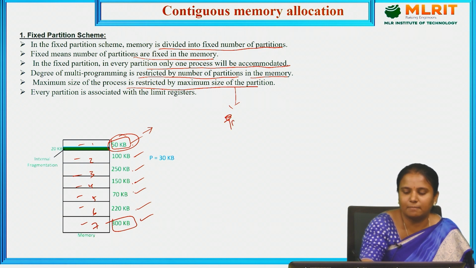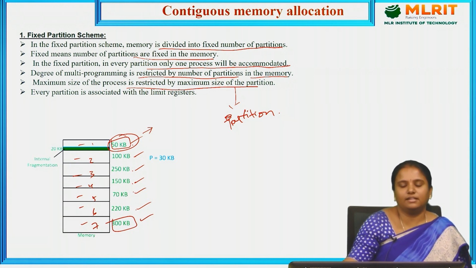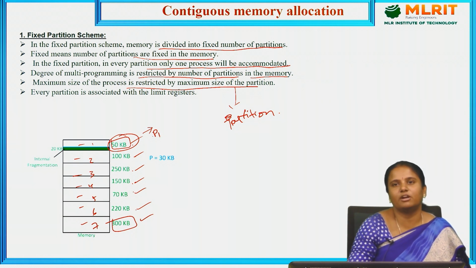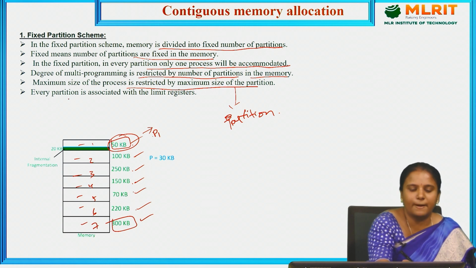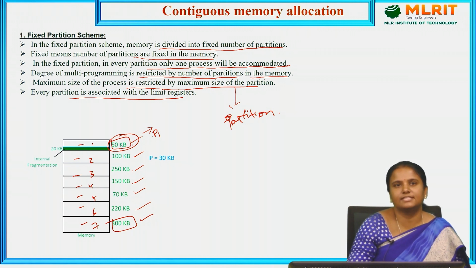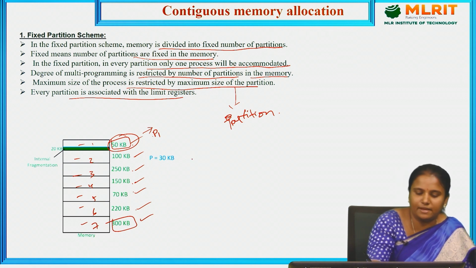Each partition has some fixed size of memory. Suppose we take partition P1; it consists of a fixed size of memory, 50 KB. Every partition is associated with limited registers. Here 20 KB is allocated, so in P1, 30 KB is remaining.